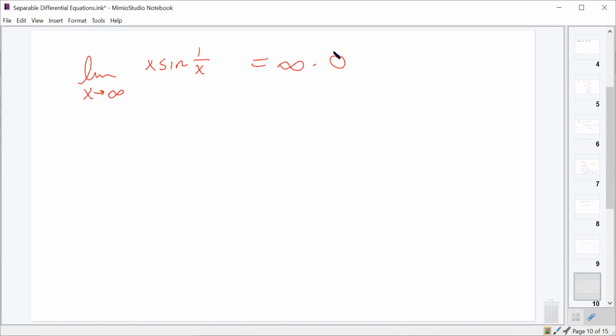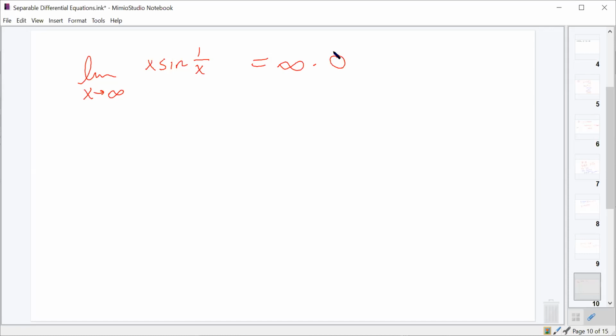But if you multiply something by 0, you're supposed to get something that's 0. Well, I can't both get something that's infinite and get something that's 0. So this is not always the same. And as we think about it, we're approaching infinity and we're approaching 0 for these, right?